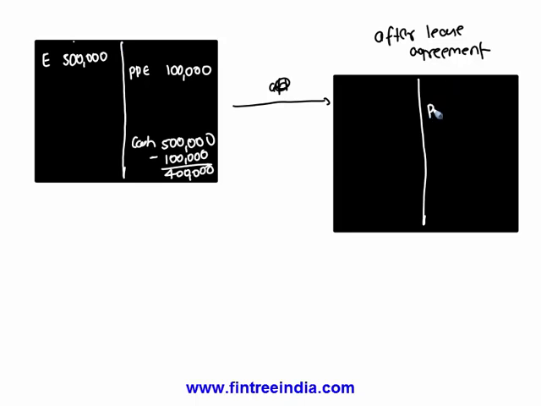So this PPE now would become 0. But we will have loans and advances given. Loans and advances of 100,000, cash of 400,000, equity of 500,000. Then what will happen in year 1?